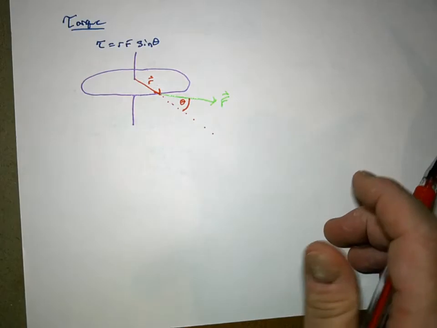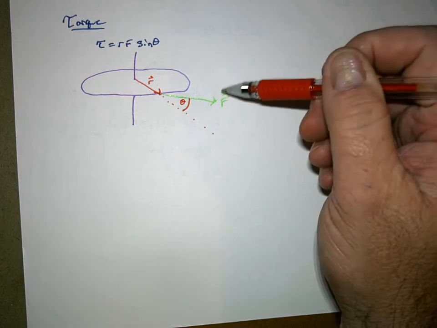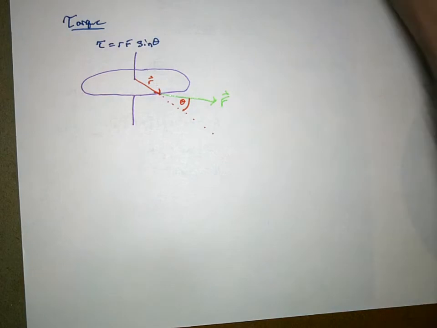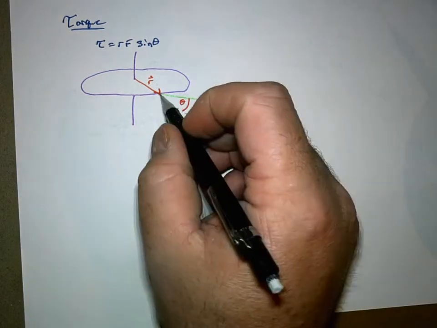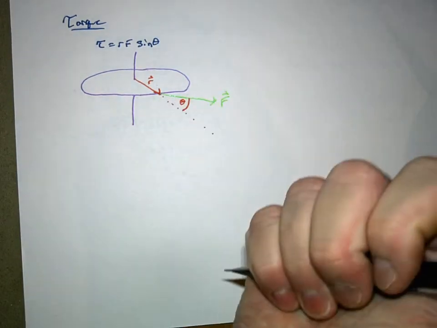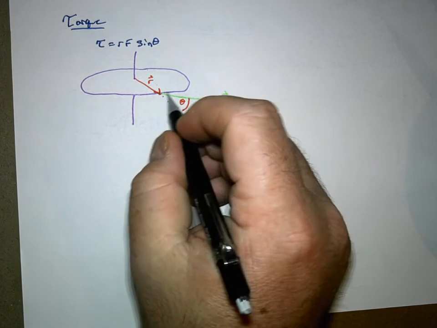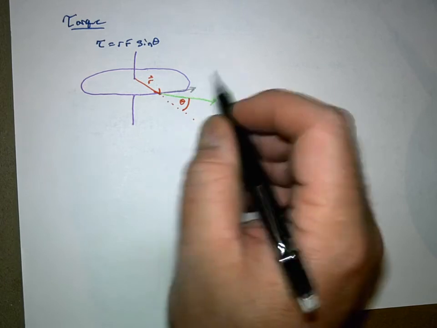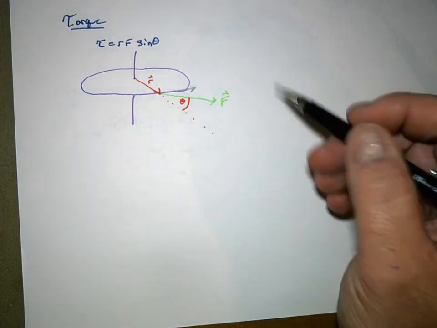Now, one way to think about this is the more perpendicular, so if we get our force to go more perpendicular to the direction of our radius, the greater our torque is going to be.